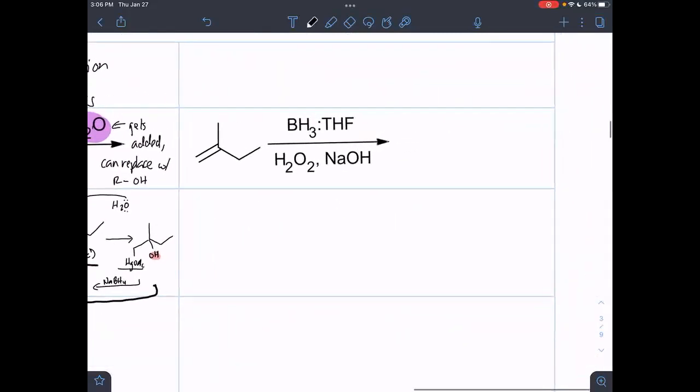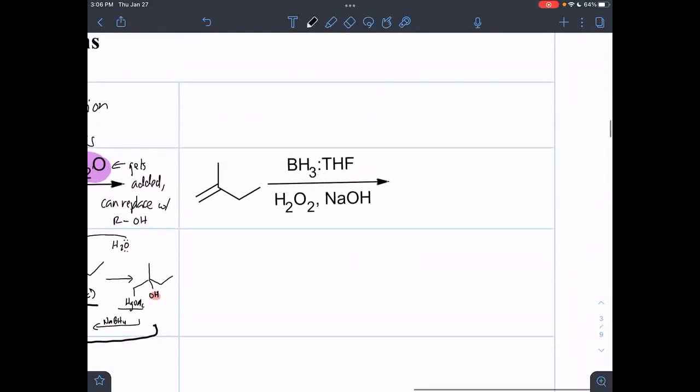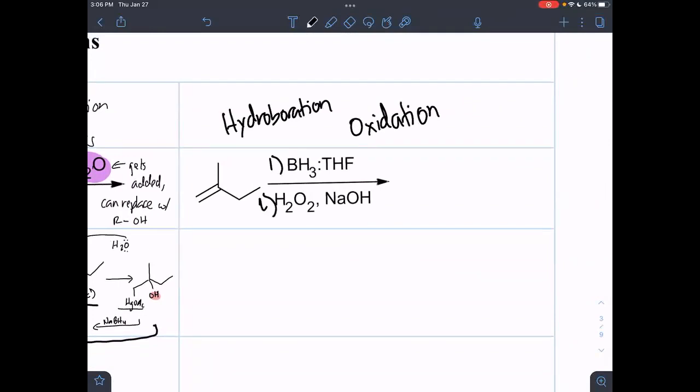So for the last reaction, what do we think this is called? Yes, it's hydroboration oxidation. And based on the name of the mechanism, what do you think step 1 and 2 are going to do?